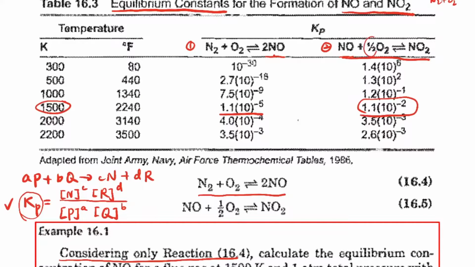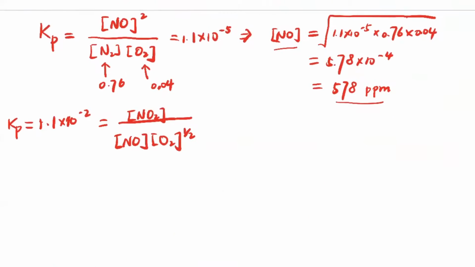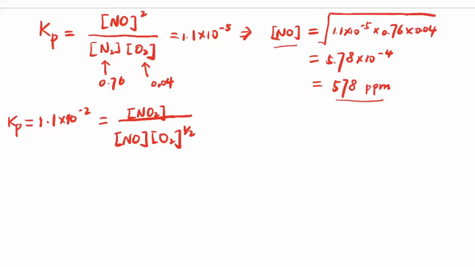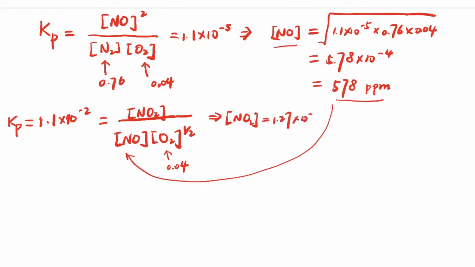If you look at this equation, the power here is 0.5, so we should use this term to represent the equilibrium constant. Now we have the concentration of the nitrogen monoxide, and we also have the concentration of the oxygen, 0.04. If we plug in the values, the nitrogen dioxide concentration is 1.27 multiplied by 10 to the negative 6, which means it's 1.27 ppm.